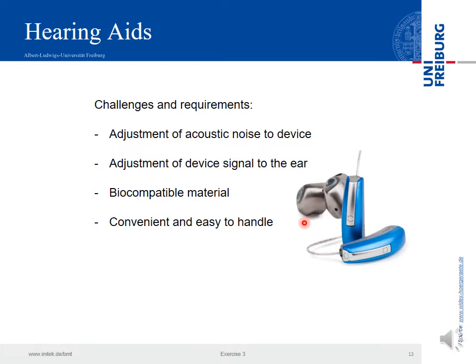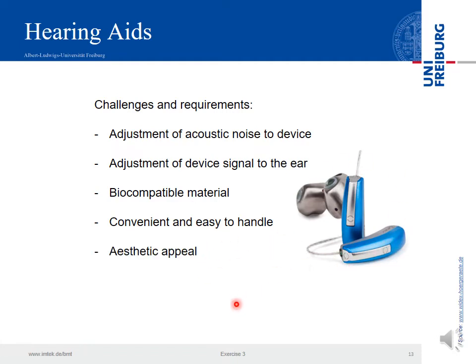That means all the buttons, the wheels, the switches and the knobs should be large enough, and they should be placed where you can reach them. What you see here is a relatively new device with only a very small tube that leads into the ear and amplifies the signal close to the eardrum.